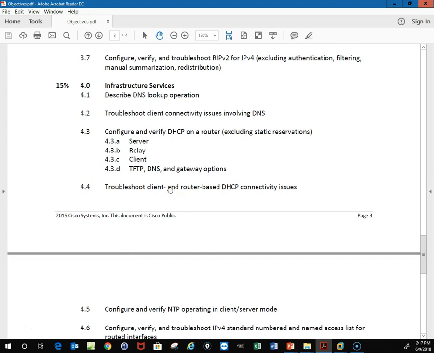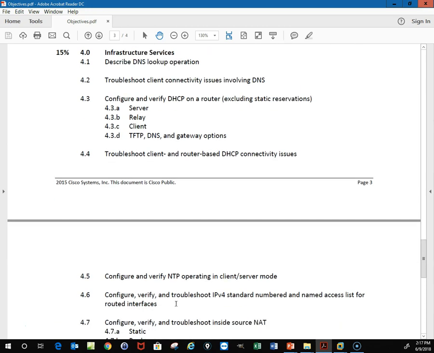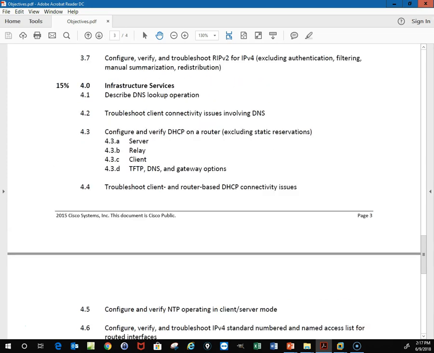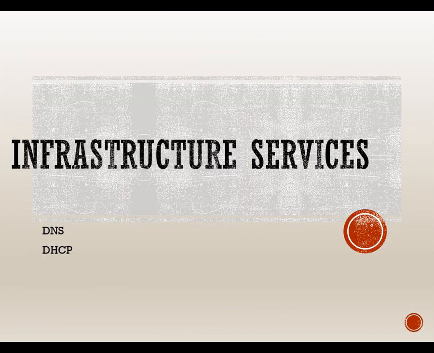Actually, I'm going to split this thing up: DNS, DHCP, and then we'll talk about NTP, Network Time Protocol, and then access control lists and NAT will be separate modules in their own. So the first one here, we're going to talk about DNS and DHCP, Domain Name Service and Dynamic Host Configuration Protocol.